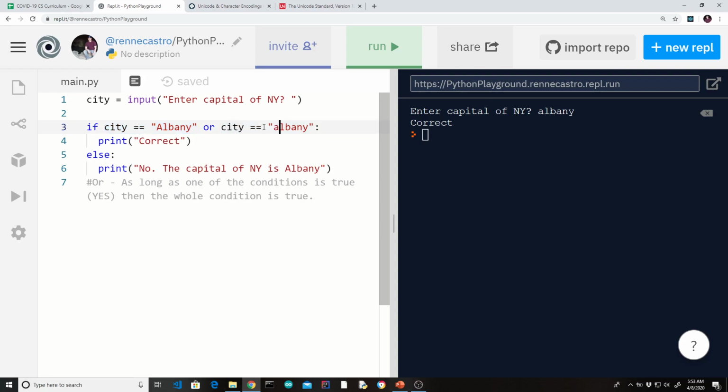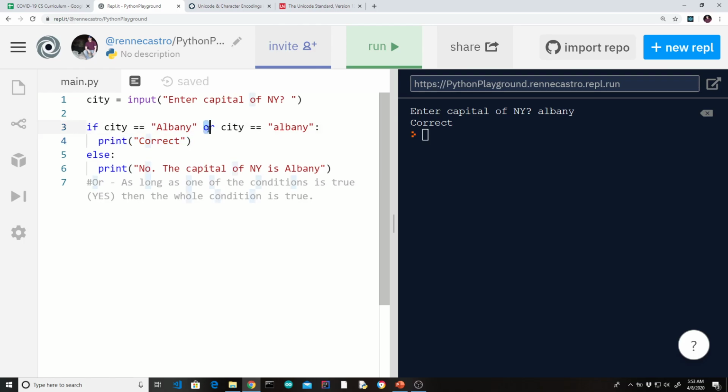So as long as one of the two sides, honestly, what the or is doing is asking two questions in one shot. As long as one of the two questions comes back as yes, the whole thing is correct. Okay, so that is how you use the word or: as long as one of the two conditions is true, the whole thing is true, and then you actually do this part of the if statement.